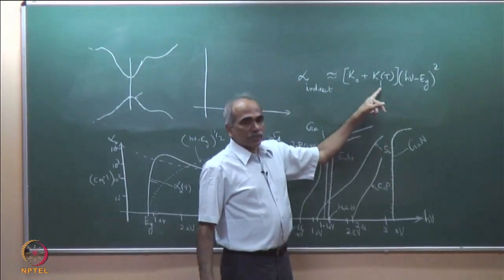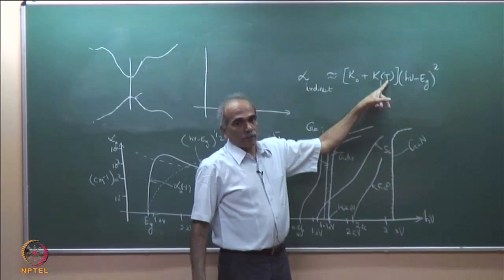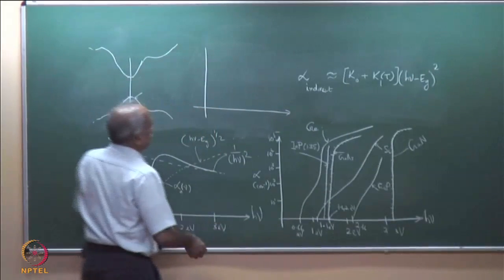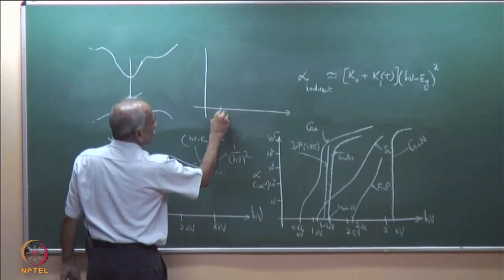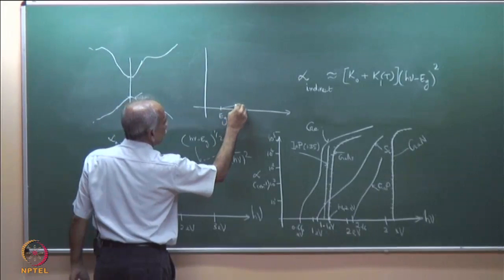These are constants k0 and k1. K1 is a temperature dependent constant, multiplying h nu minus Eg whole square. So, this variation looks like this.